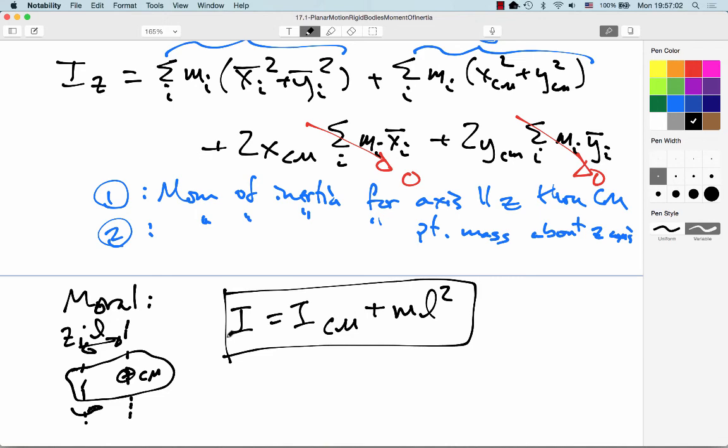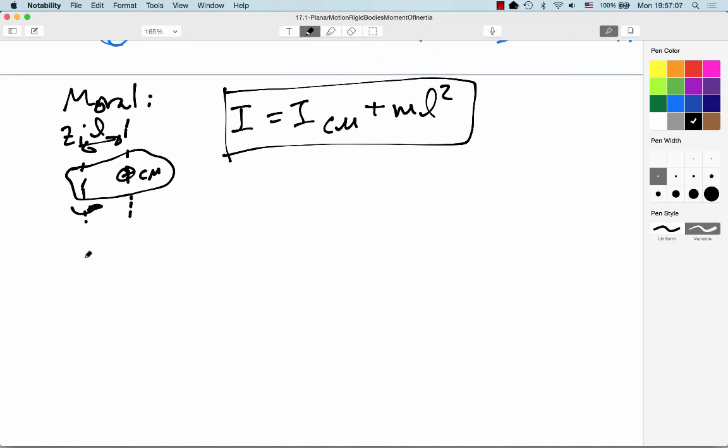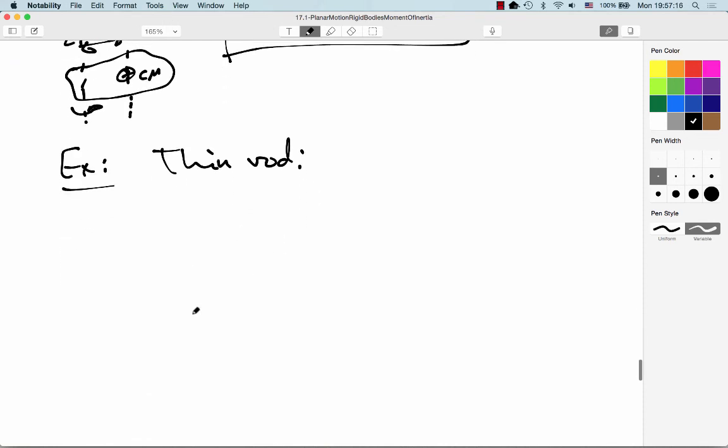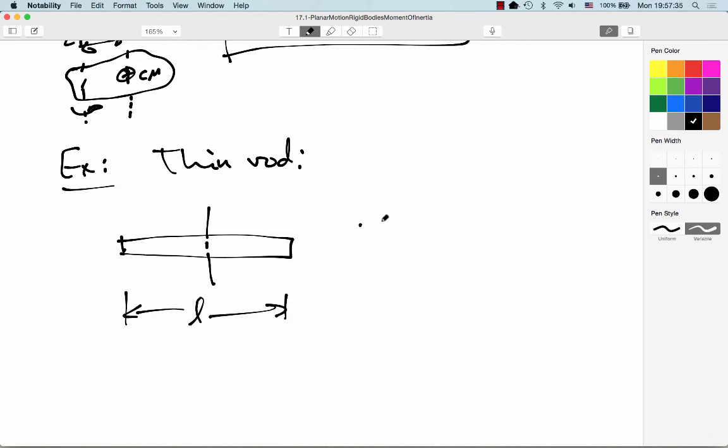As an example of that, let's look at a thin rod. You can treat the thin rod as a lamina of basically no y dimension. If we say the whole thing is of length L, the moment of inertia through the center of mass is 1/12 ml squared.